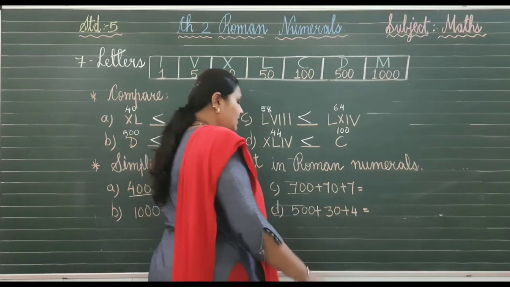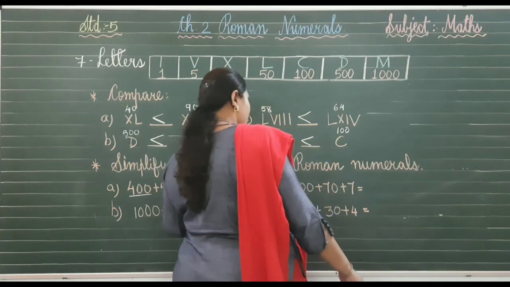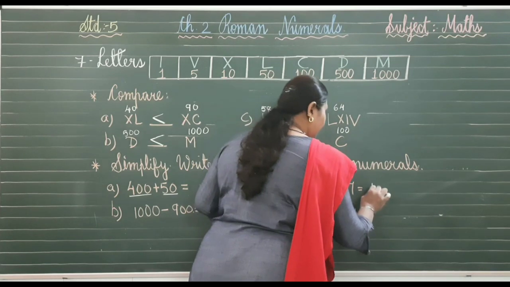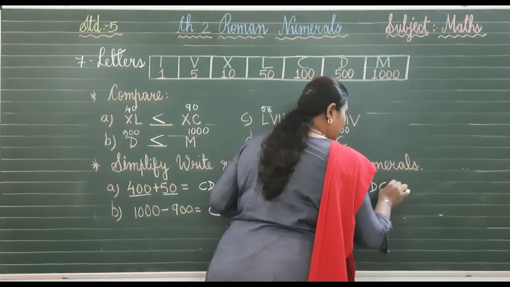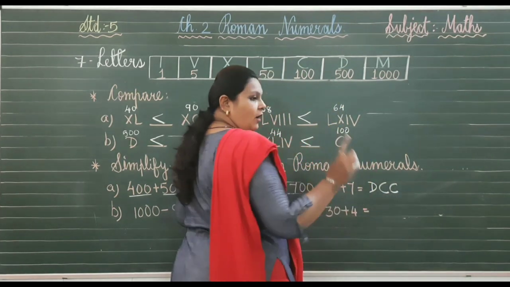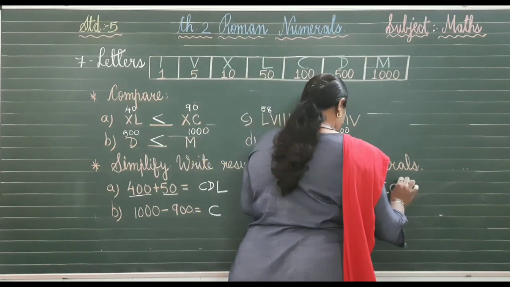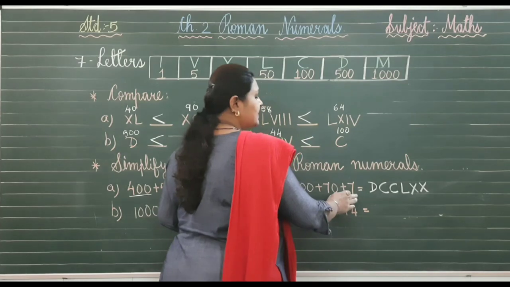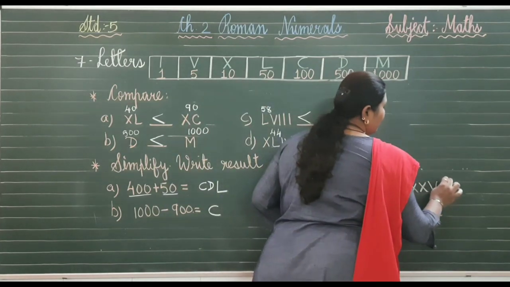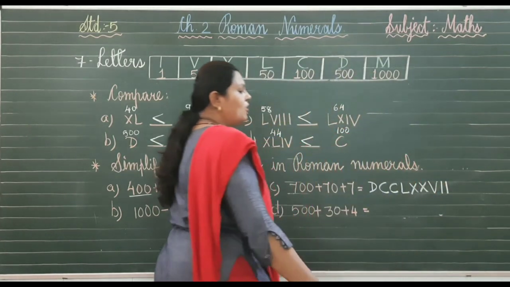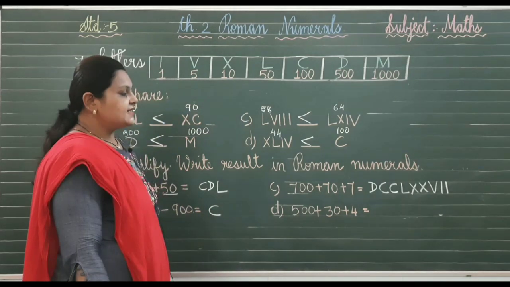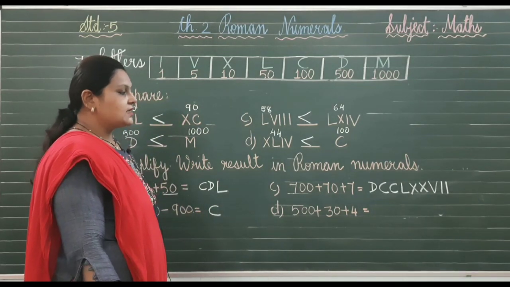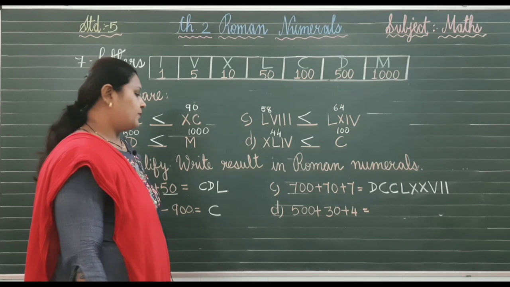Then 700 plus 70 plus 7. That is 777. So first we will write 700. This is 700. Now 70. 50, 60, 70 and 7. 5, 6, 7. So this is the number DCCLXXVII.